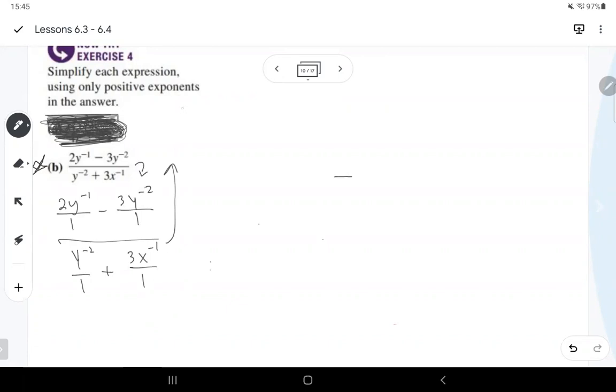Let's start moving stuff around. So 2 over y minus 3 over y squared, over 1 over y squared plus 3 over x.